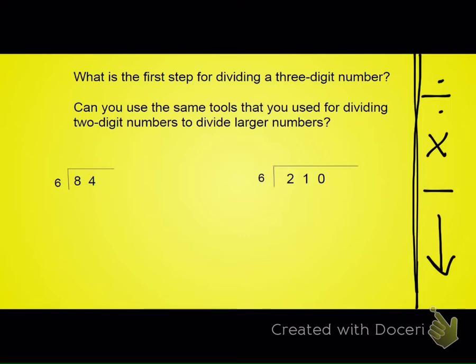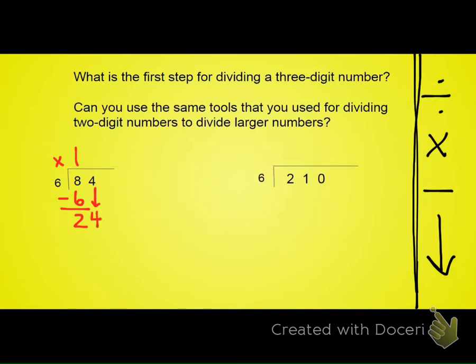Let's do this example. Go ahead and put this in your notebook. 6 goes into 8 one time. Then we multiply. 1 times 6 is 6. Next we subtract. 8 minus 6 is 2. The last step of our process is we bring down the 4, which makes this a 24.